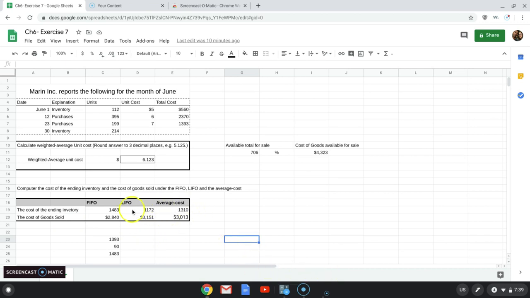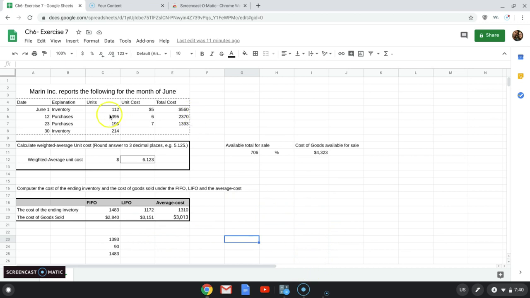Now I'm gonna continue with the next item, which is to find the cost of ending inventory in LIFO. So for me, a key here is that we're gonna be working the inventory from top to bottom.